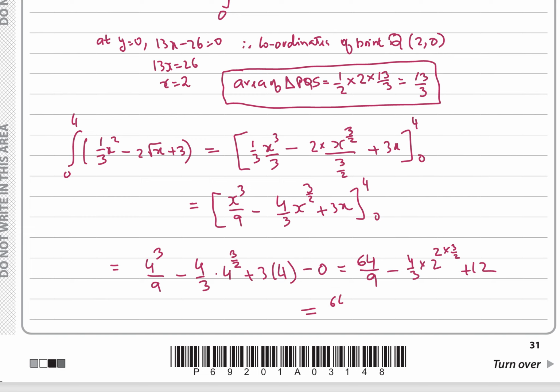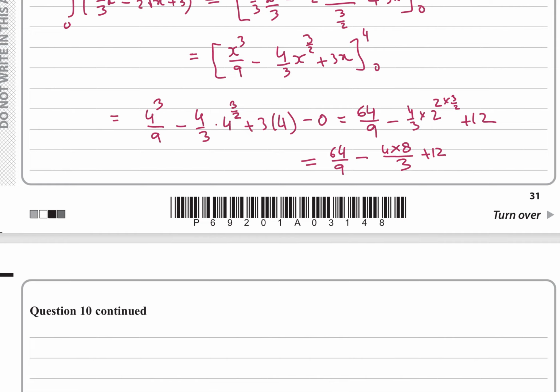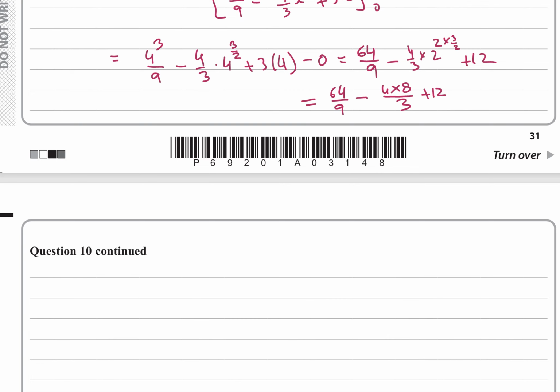That is 64 over 9 minus 32 over 3 plus 12.